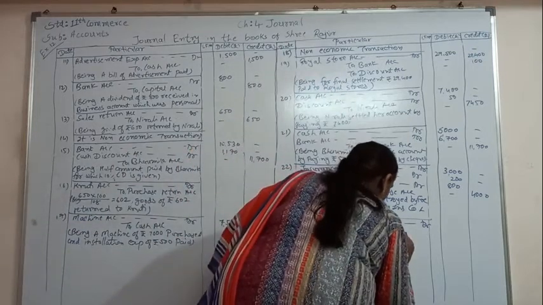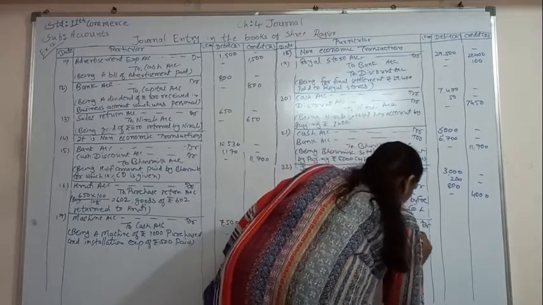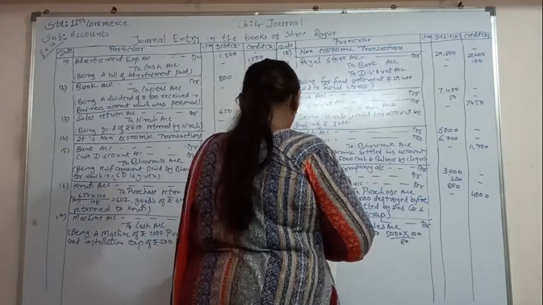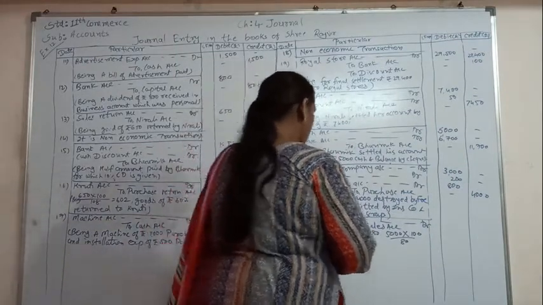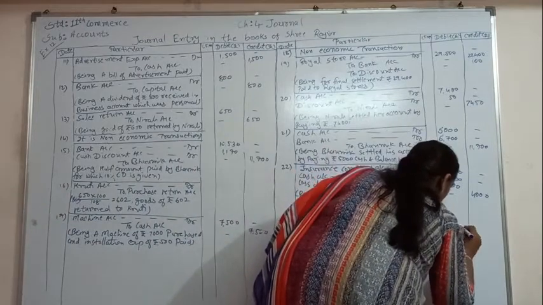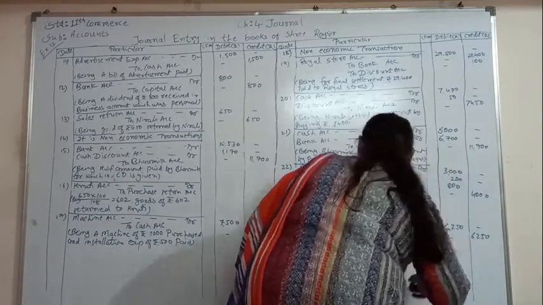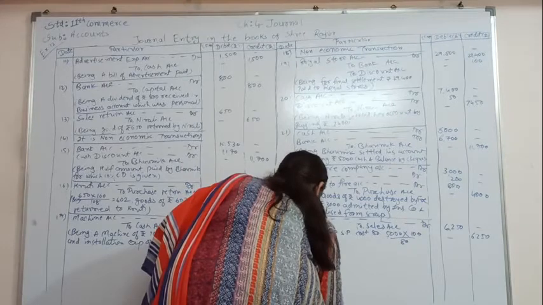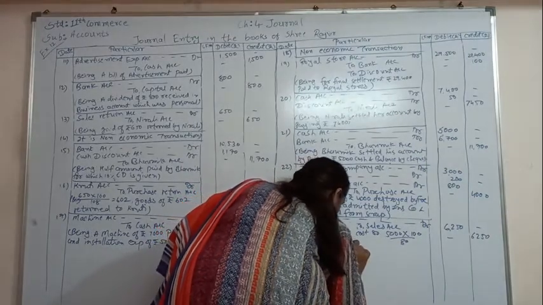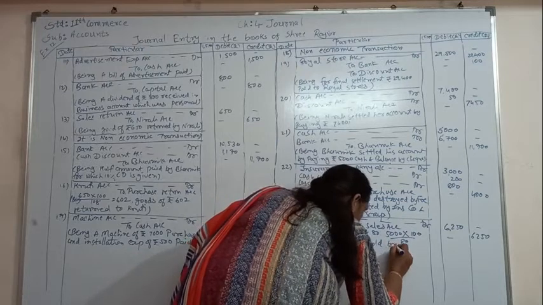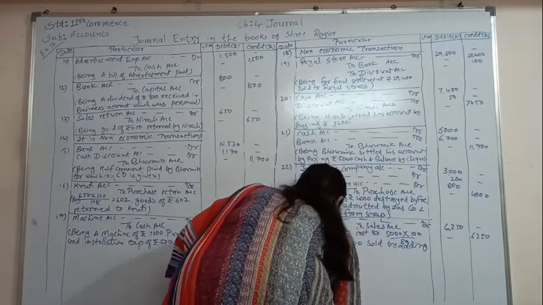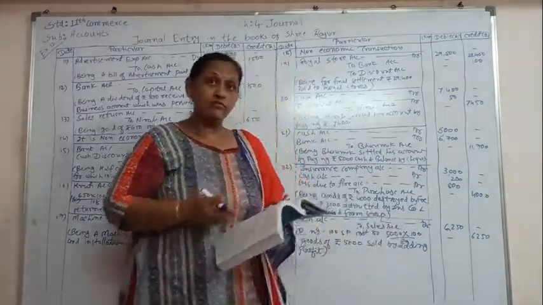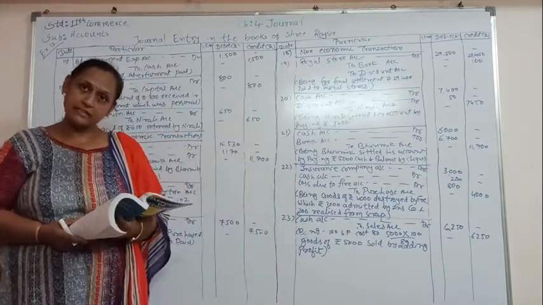So 5,000 into 100 upon 80. This is how we are supposed to find out the amount, and that amount will be 6,250. Here goods of rupees 5,000 sold by adding profit. So students, you may note this down, then we are going to see the remaining transaction.